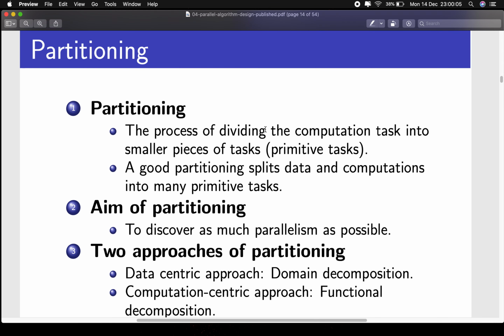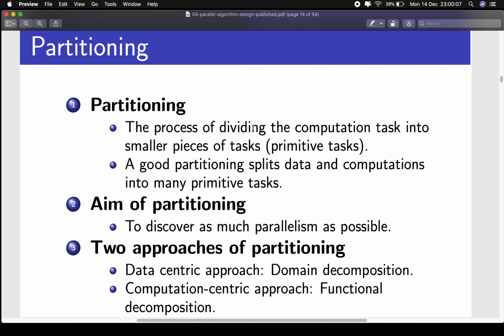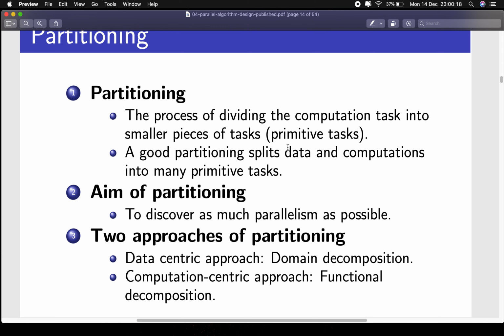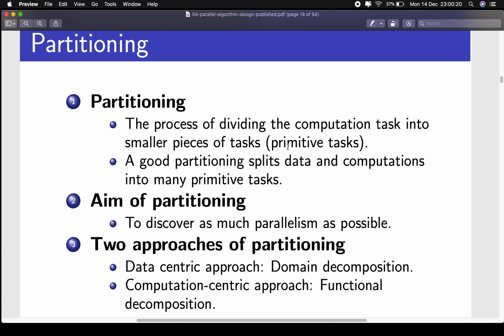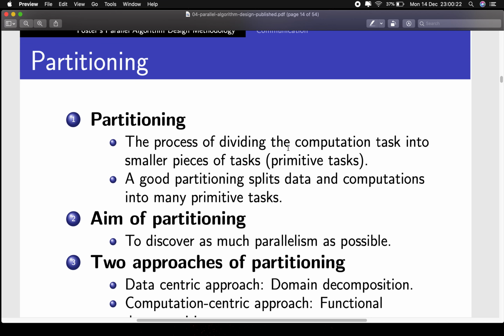On partitioning, it is the process of dividing the computation task into smaller pieces of tasks. Same as what I mentioned, you group them into similar tasks or smaller pieces of tasks. A good partitioning splits data and also computation into many primitive tasks.